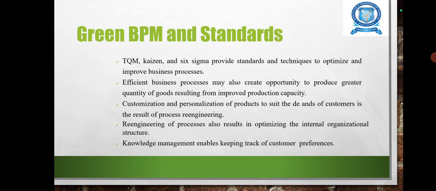Efficient business processes may also create opportunity to produce a greater quantity of goods resulting from improved production capacity. Customization and personalization of products to suit the demands of customers is the result of process re-engineering. Re-engineering of processes also results in optimizing the internal organizational structure. Knowledge management enables keeping track of customer preferences.